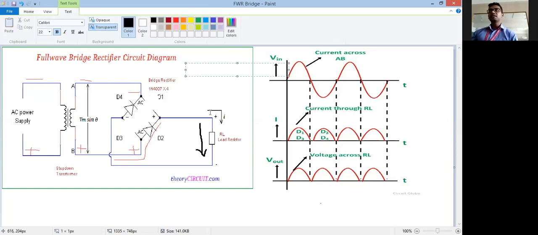So you can write here now D2, D4 forward, correct? Hence they are on. D2 and D4 are on. And here you can write D1, D3 reverse, hence they are off.